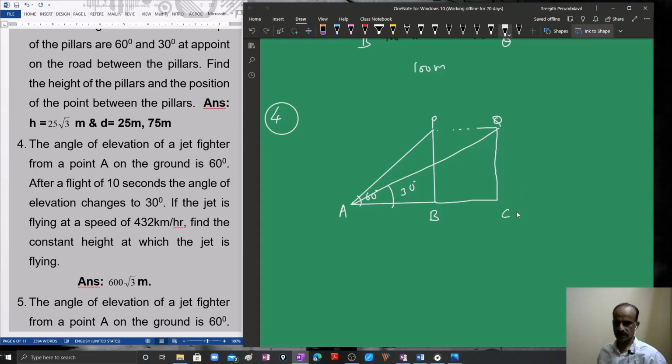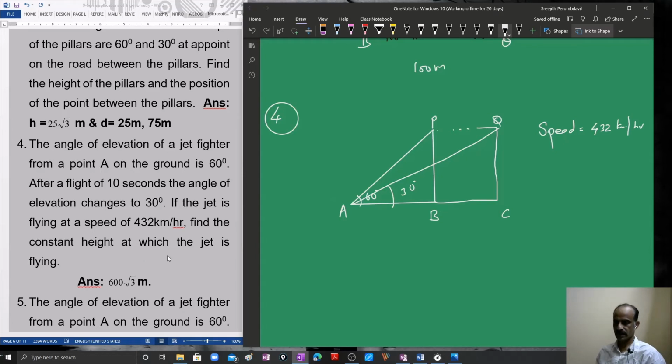Okay, B, C. The speed of the flight is given to be 432 kilometer per hour, and it is in 10 seconds. So hour and seconds are there, so it's a bit of an issue.